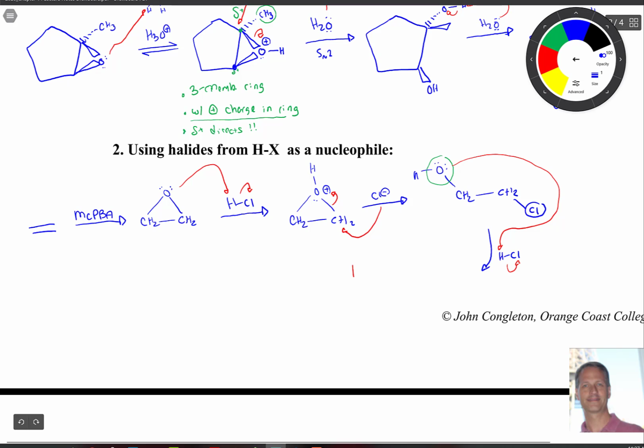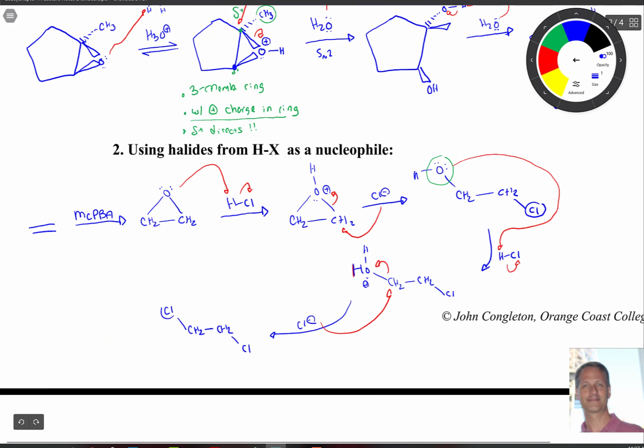That's going to give us that, and then I'll pull it down a little bit further. But chloride's going to come over here and react there, and then we have water leaving as your leaving group. So it gives you a Cl, CH2, CH2, Cl.